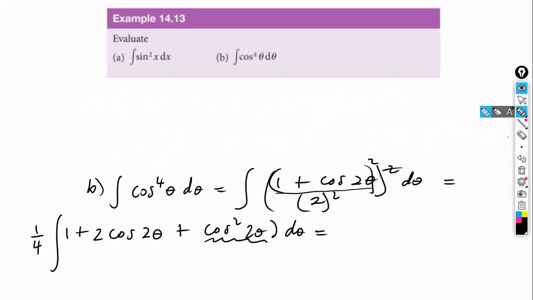So continuing, this is equal to 1/4 the integral of 1 plus 2 times cosine of 2 theta. And then we said that we would have to apply the identity, the previous identity number 3, to this part.